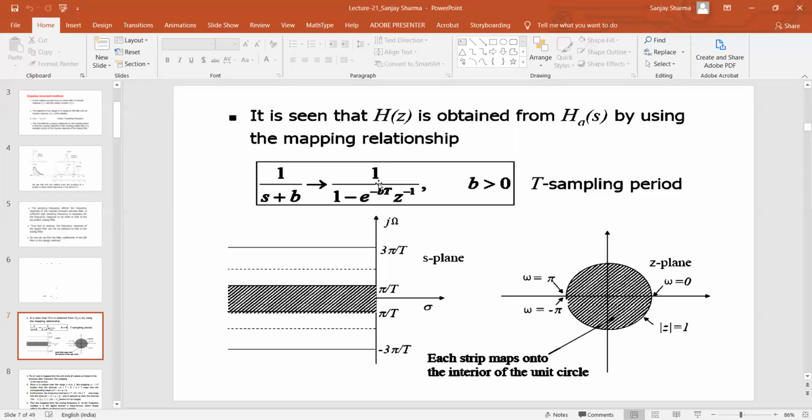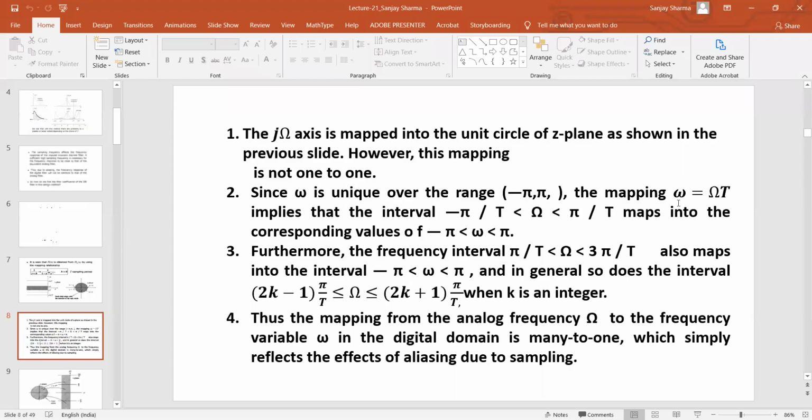The problem with the impulse invariant method, which we discussed yesterday in detail, is the mapping of the S plane to the Z plane, given by this formula: small omega, which is the digital frequency, is equal to capital omega, the analog frequency, times capital T. If you put small omega equal to minus pi and pi, you get capital omega equal to minus pi by T and pi by T respectively.